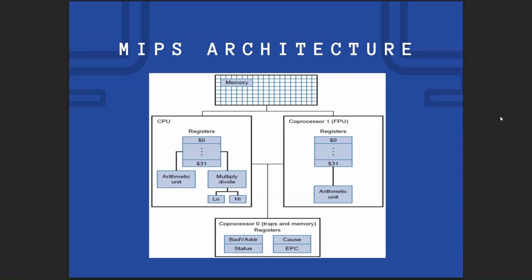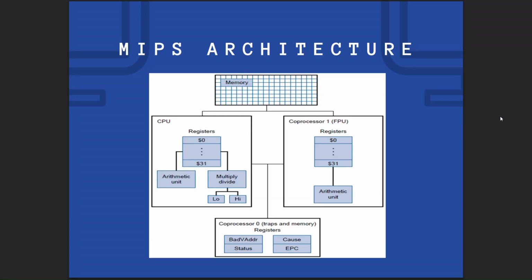This diagram shows the overall organization of a MIPS processor. At the center is the CPU, which contains several key components. The CPU has a set of general purpose registers numbered from $0 to $31. These are the fast storage locations that all arithmetic instructions use.